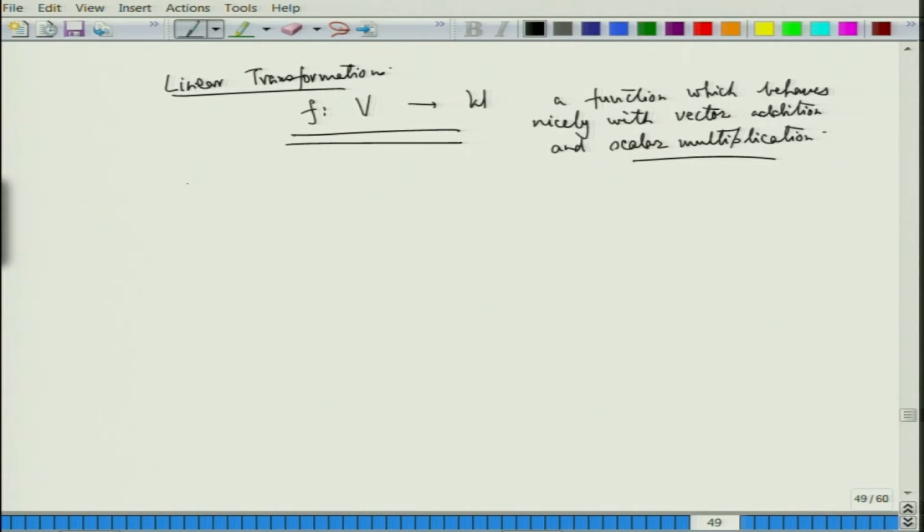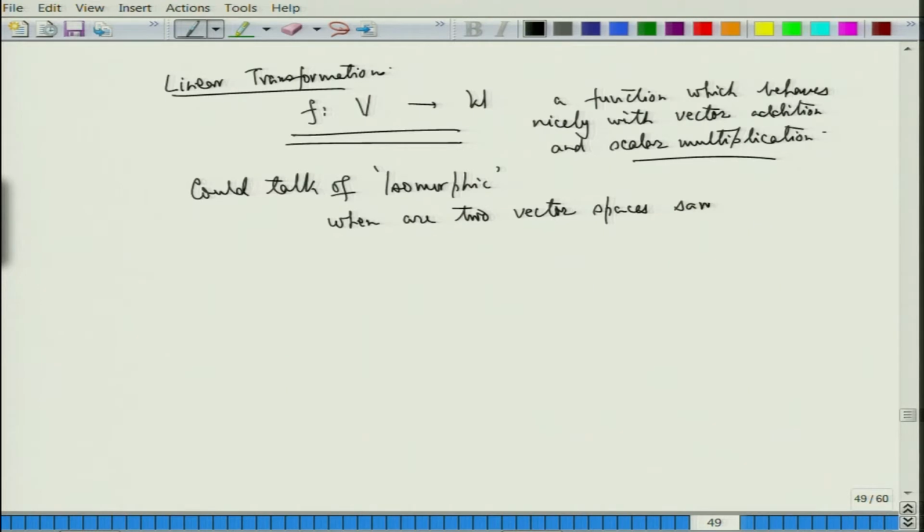So we could talk of the isomorphism, or of when two vector spaces are the same, and then obtain a lot of results there.